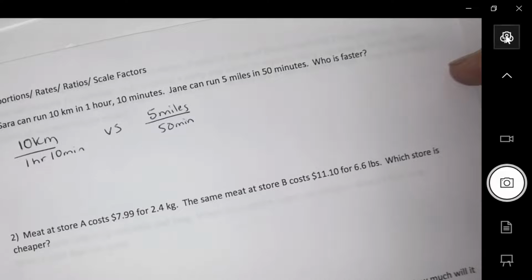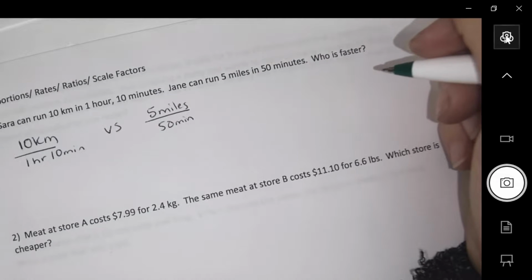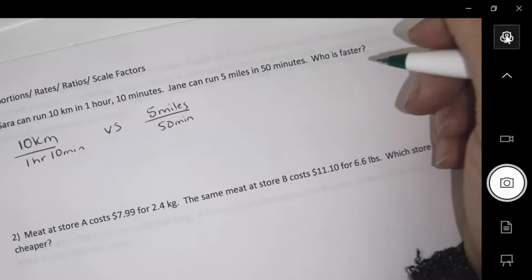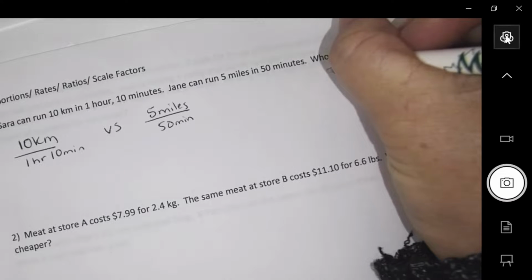So we're going to look on our sheet. I gave everybody a conversion sheet. What do you have on your conversion sheet? Anything between kilometers and miles on there? Is there nothing? Okay.